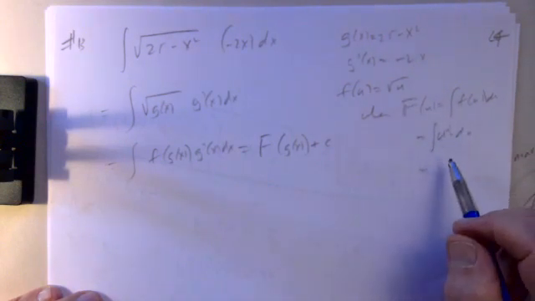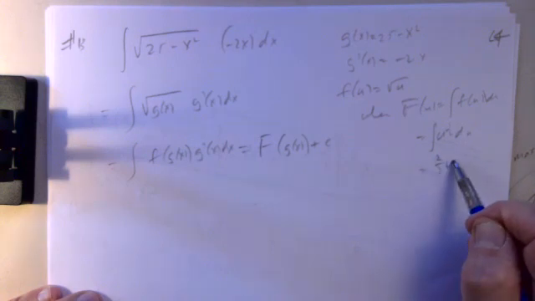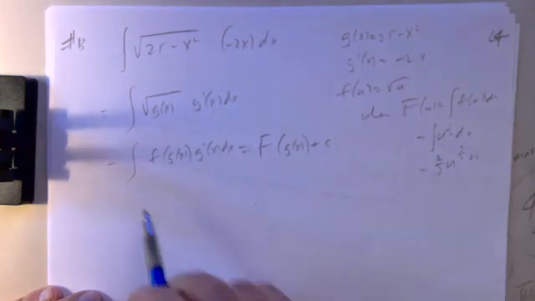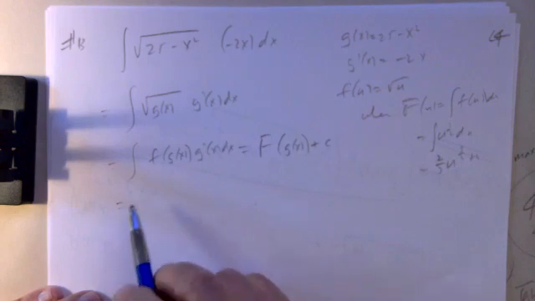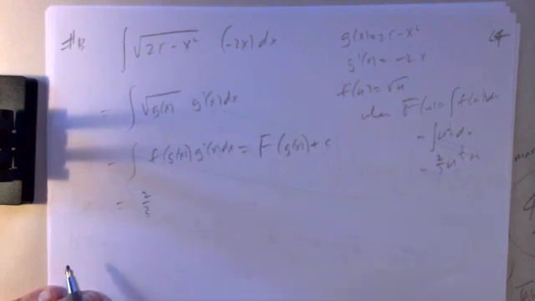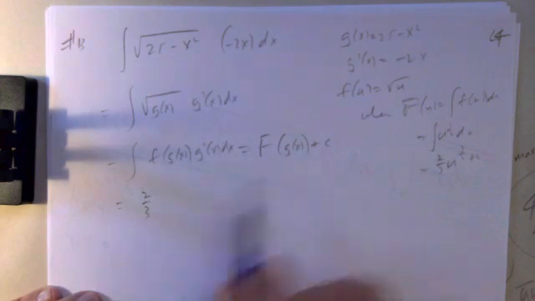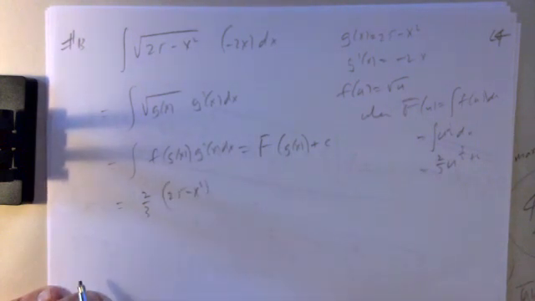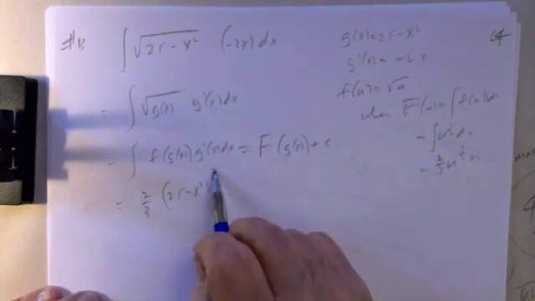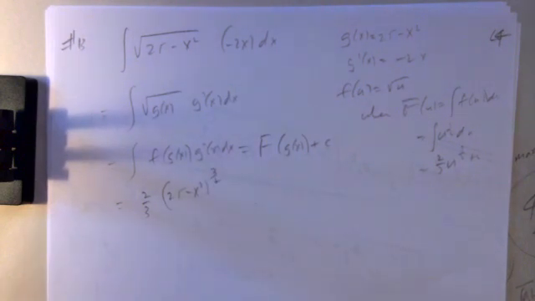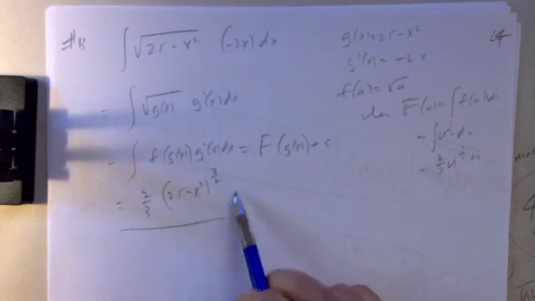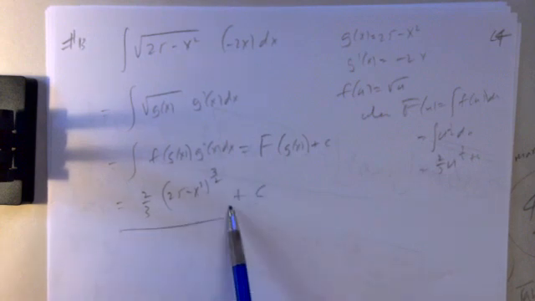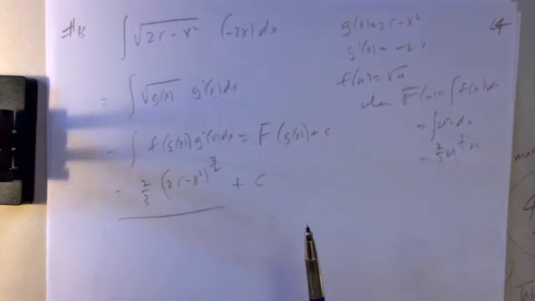And the integral of u to the 1/2 is 2/3 u to the 3/2. So what we get is 2/3 g of x, 25 minus x squared, to the 3/2, and plus a constant, of course. Then you check, you differentiate this, and you get exactly what's inside the integral sign.